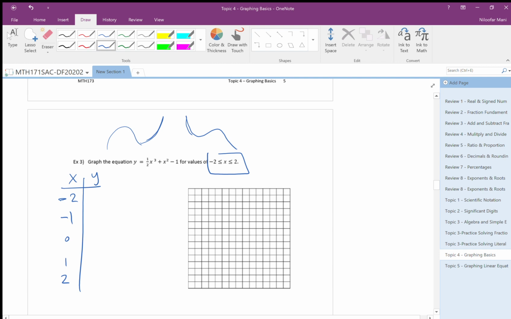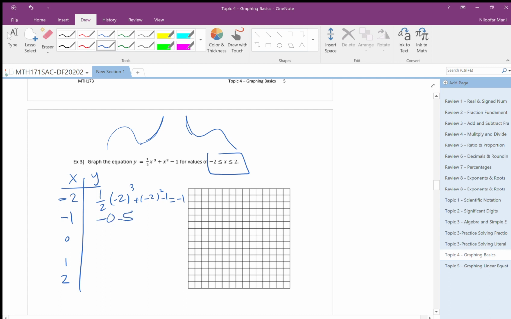How do I find y values? I just substitute. For -2, it's 1 over 2 times -2 cubed plus -2 squared minus 1, which is -1.